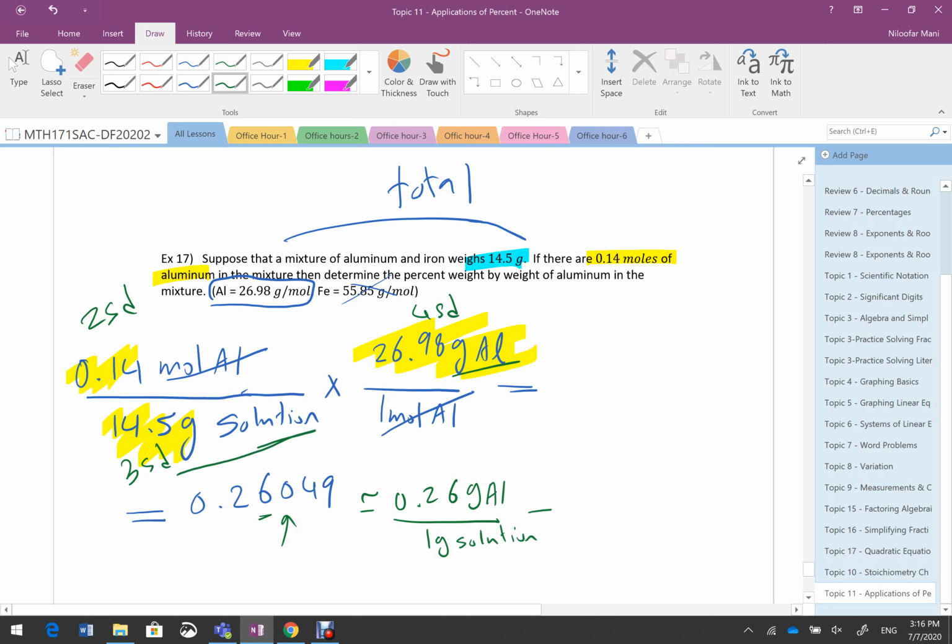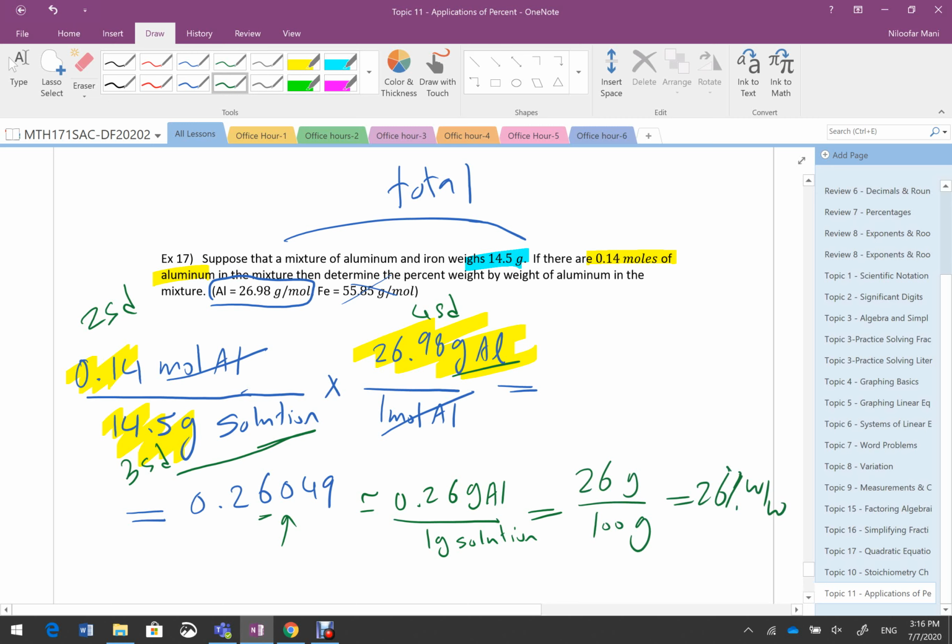But what does percentage mean? This is 0.26 gram per 1 gram. Percentage means you can change the denominator to 100 in order to find the percentage. So it is 26 over 100, 26 gram over 100 gram. And that's 26% W over W.